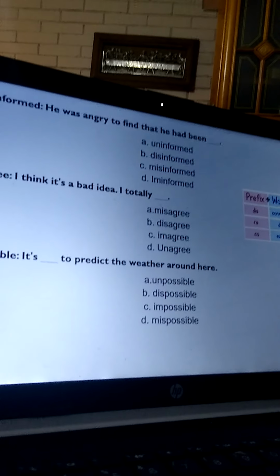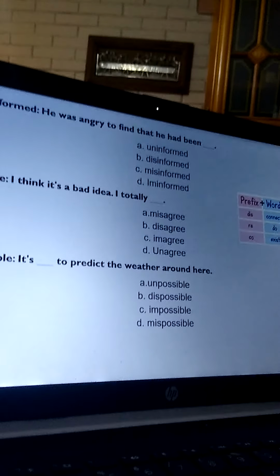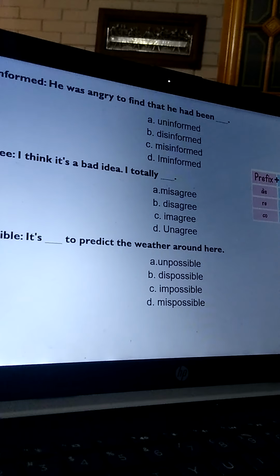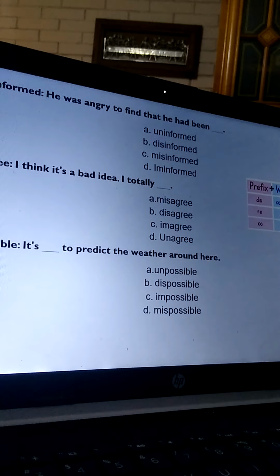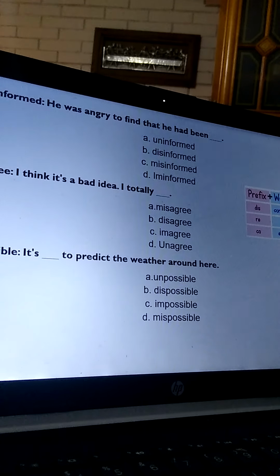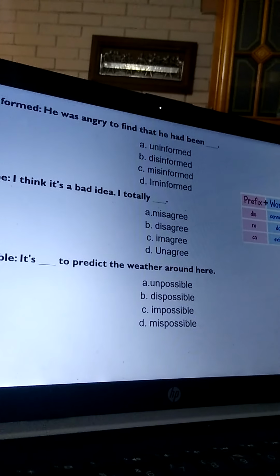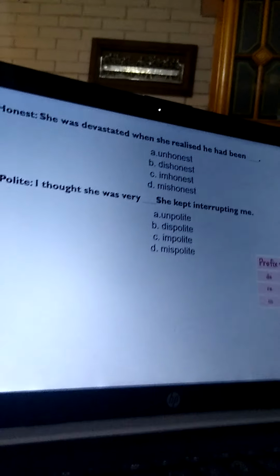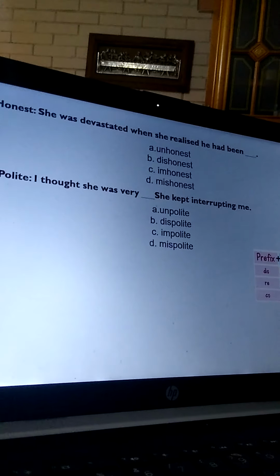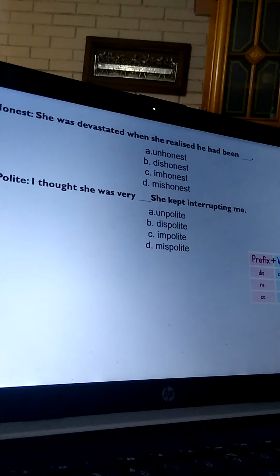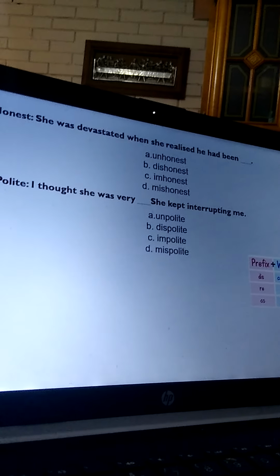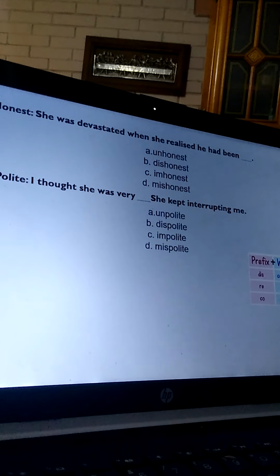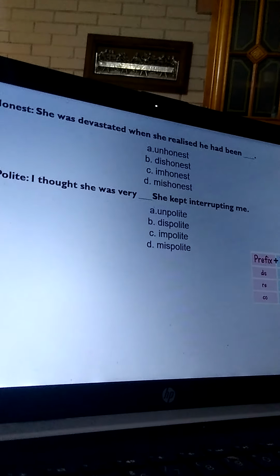Impossible. Remember, with words with P or B, we are going to use im. And honest, dishonest. And polite, unpolite or impolite.